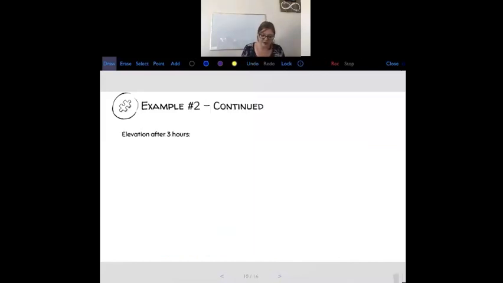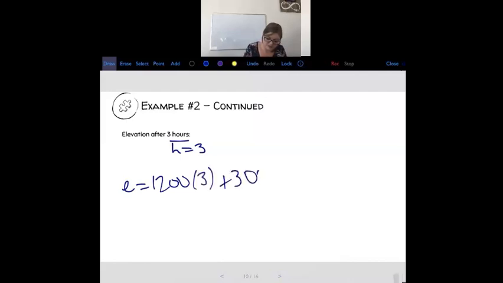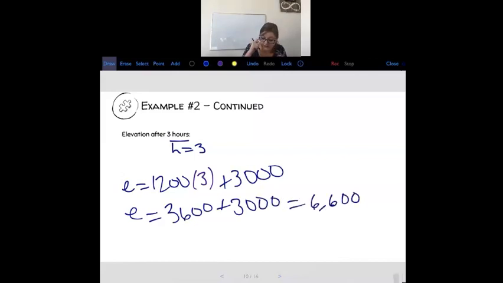And so for this problem, we can find their elevation after 3 hours by using H equal to 3. So their elevation would be 1,200 times 3, plus 3,000. So this would be 3,600 plus 3,000. So they would be 6,600 feet up. So that would be their elevation.